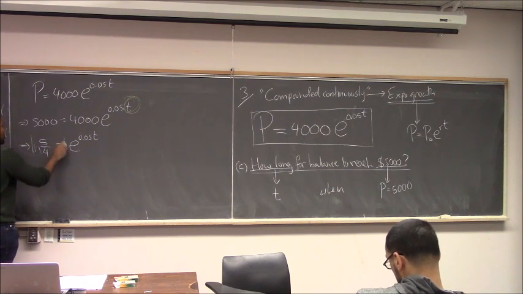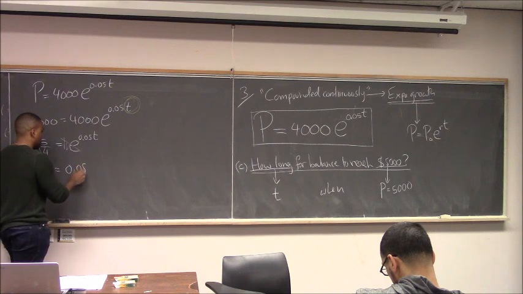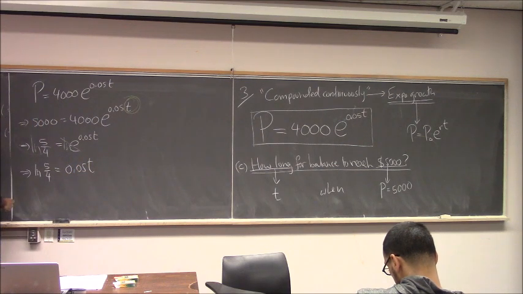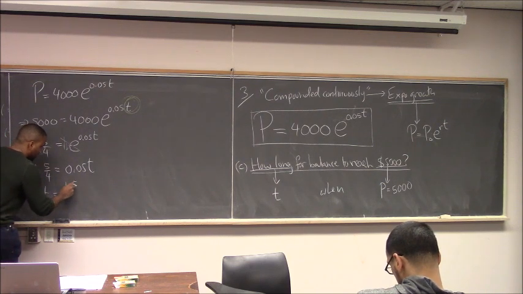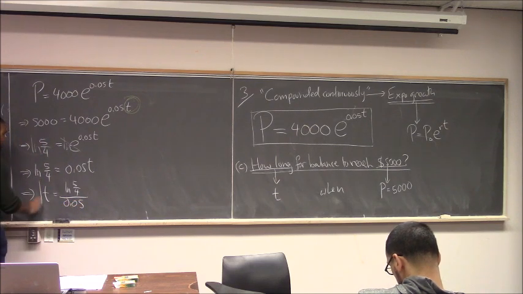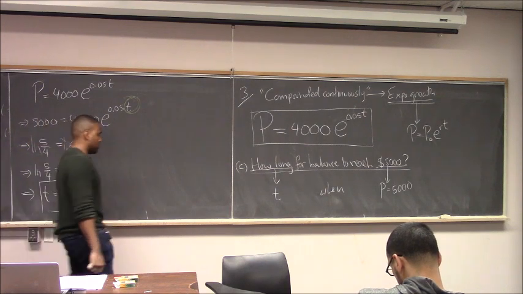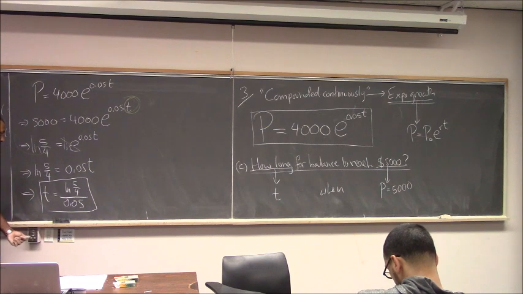Then take the natural log of both sides. And then what? That's how. Now, of course, with your calculator, you can get the answer in a decimal, but you're not allowed to use calculators, so that's how you'd actually write your answer. You leave it like that.